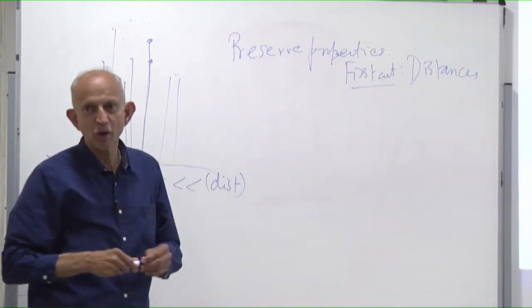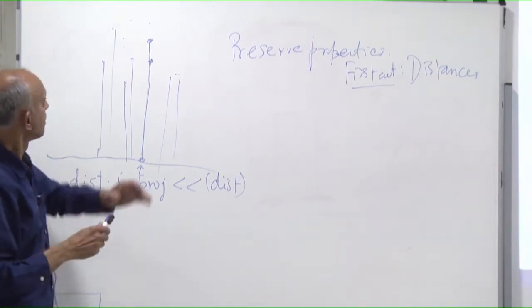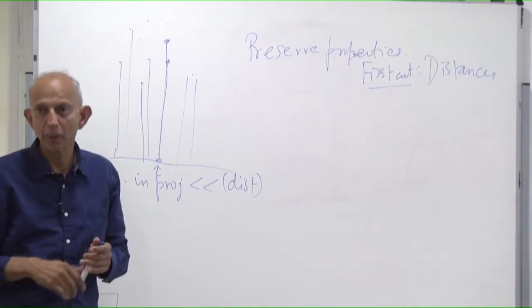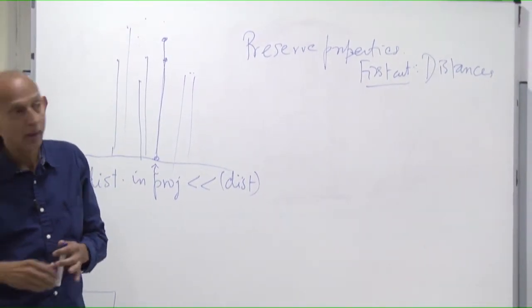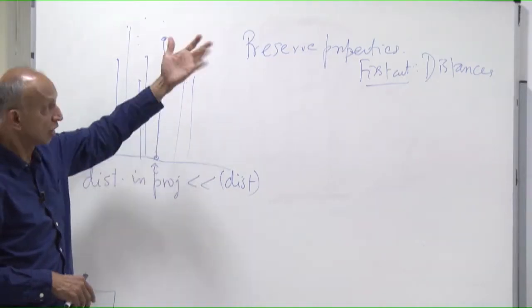So you want at least not to lose track of what the distance between every pair of points is. So you don't want 2 points like that to fall on top of each other. So this lecture we will see in detail how to do this. It's just going to say that you pick a random projection, pick this line at random, and then things will behave nicely.